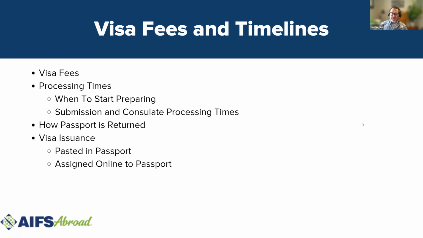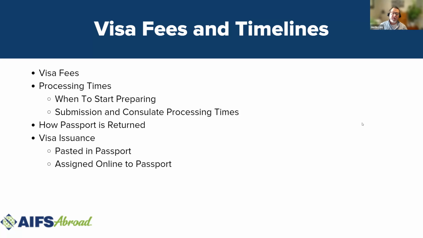If a student needs to apply in person, they will need to make sure they have sufficient time to schedule that appointment, and appointments can often book up well in advance. So they need to make sure that they start early and have their passport, and start educating themselves, even if it's very early, about the process of applying for a visa.